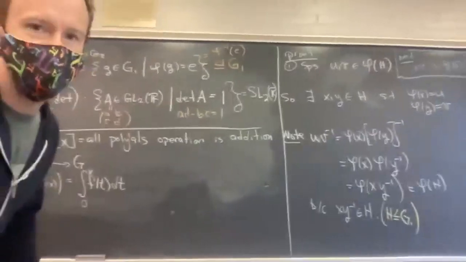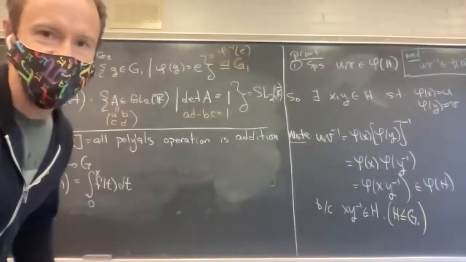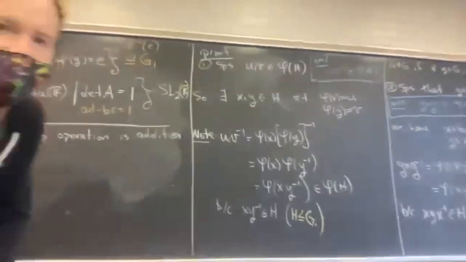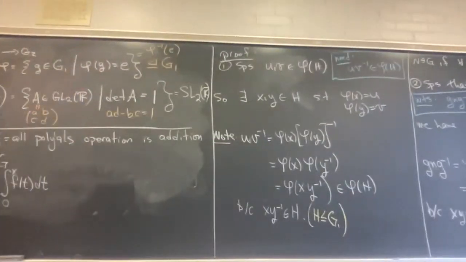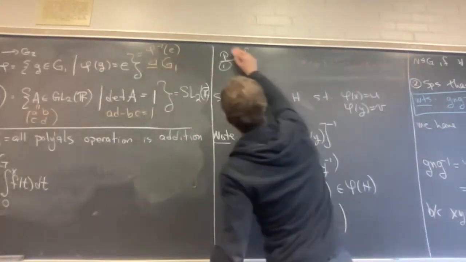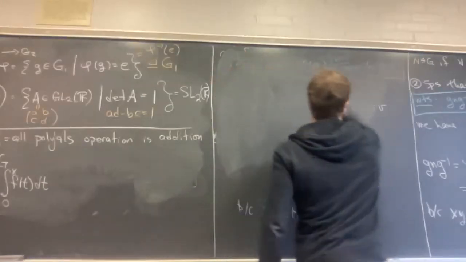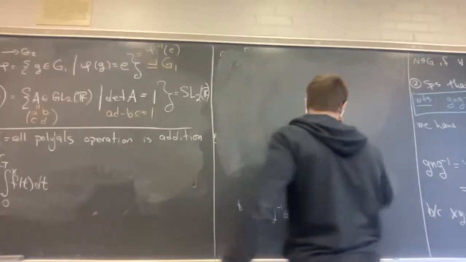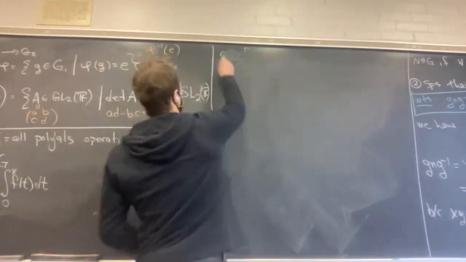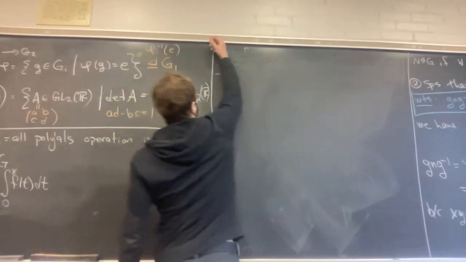And now let's check that that's a homomorphism. Well, actually, let's do an example. Check that it's a homomorphism, and then describe the kernel. Okay, so do an example calculation.